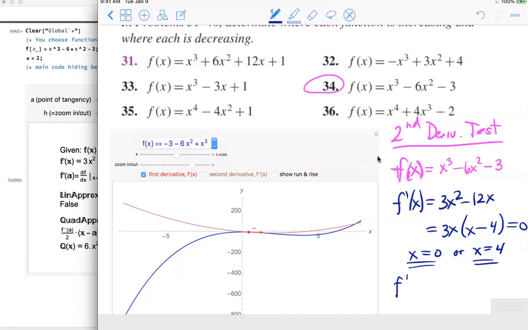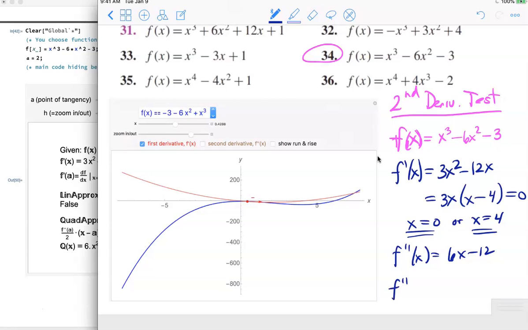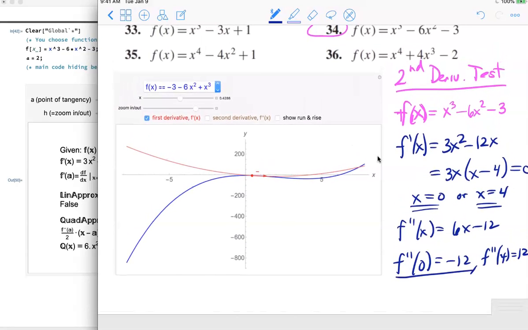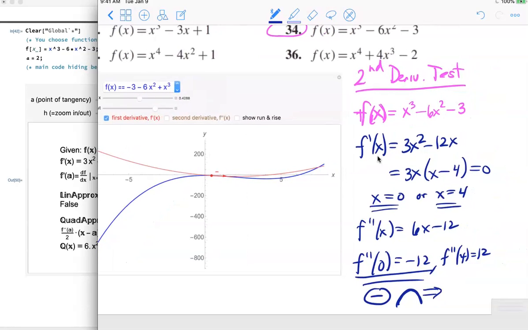And now the second derivative of x is equal to 6x minus 12. So the second derivative evaluated at 0 is negative 12, and the second derivative evaluated at 4 is equal to positive 12. Since the second derivative at 0 comes out to be a negative number, we know that the function has to be concave down at that point, and the second derivative test says that we have a local maximum at that point.